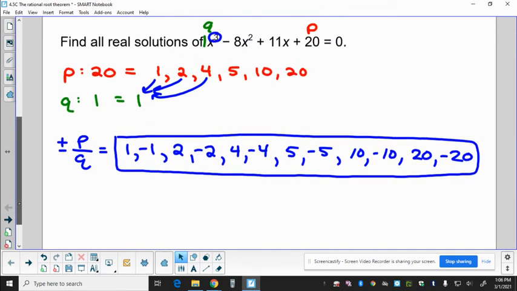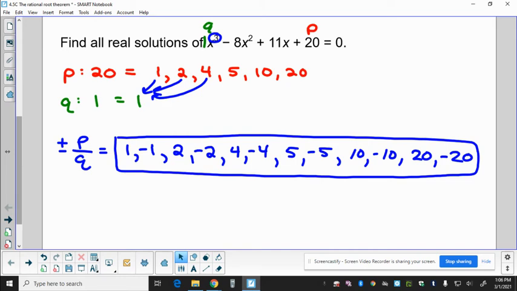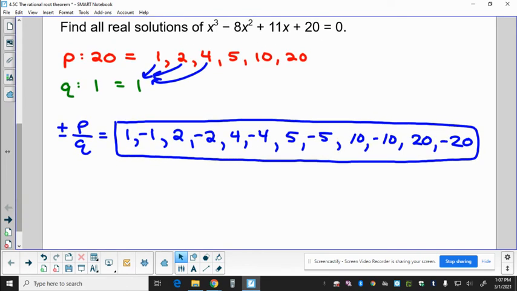And we have talked about this before, that if we look at our original function, if we find a factor, then that means if you divided into this function, it would give you a remainder of 0. So I am going to use synthetic division, and I'm going to take all the coefficients from this problem. So we've got 1, -8, 11, and 20.